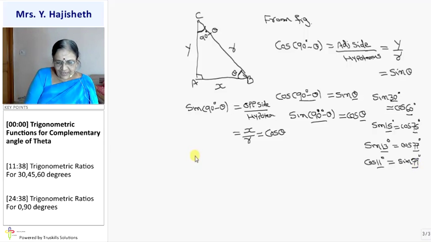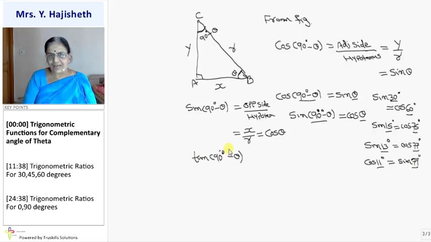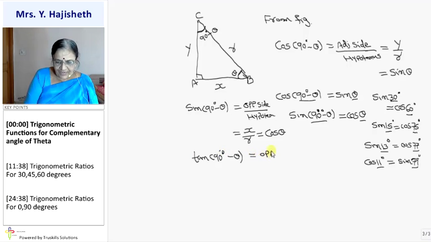Now we are taking tan of 90 minus theta. Tan of 90 degree minus theta is the opposite side of 90 minus theta upon adjacent side, okay? So the opposite side for 90 degree minus theta is x. So it is x upon y.